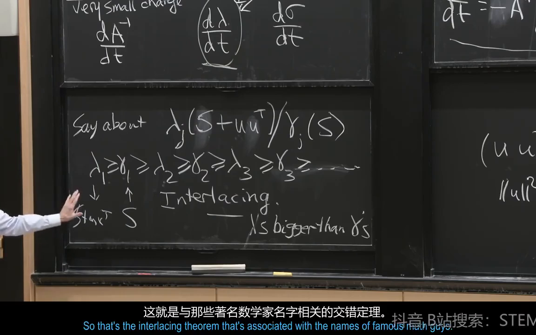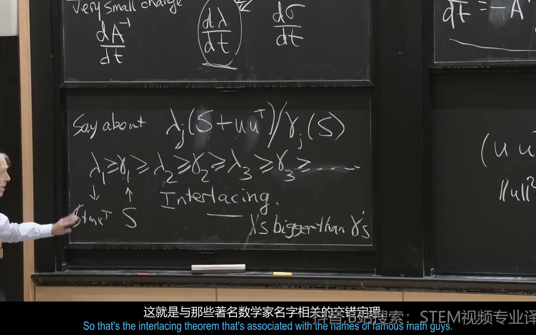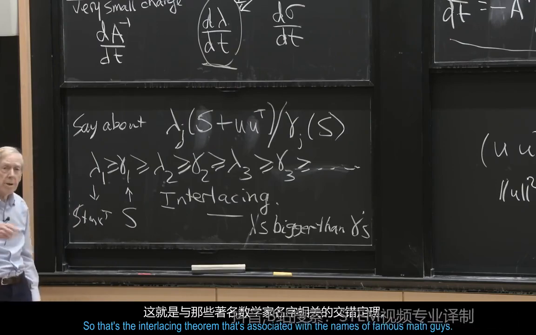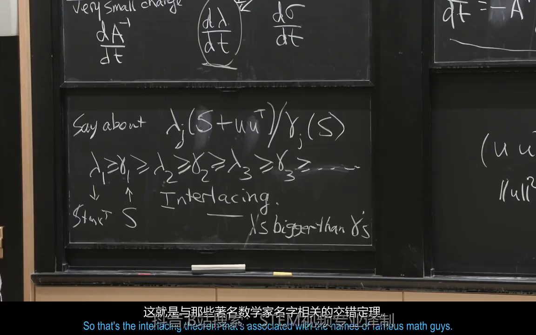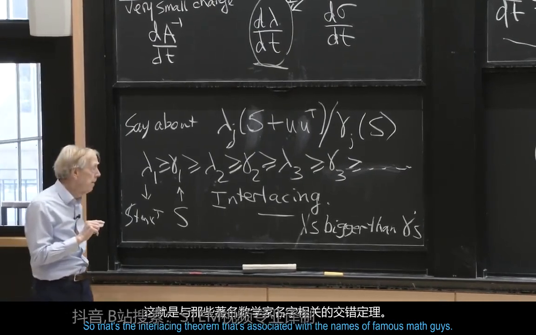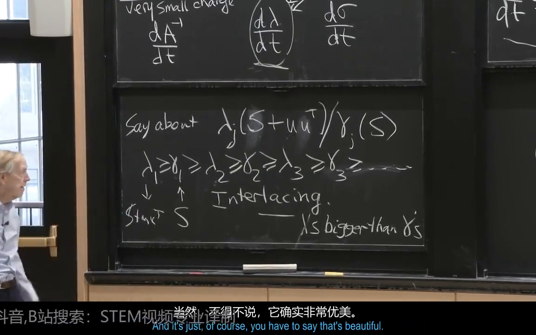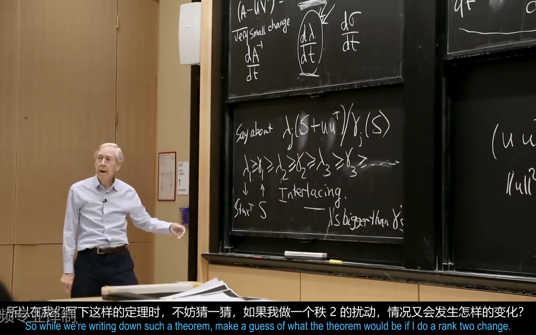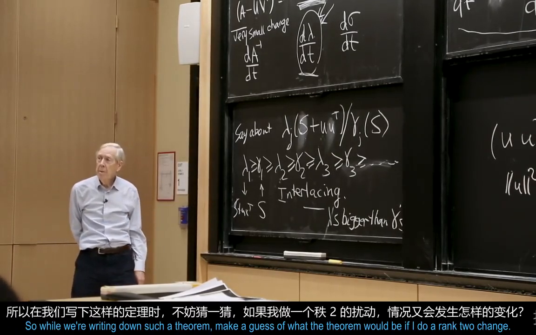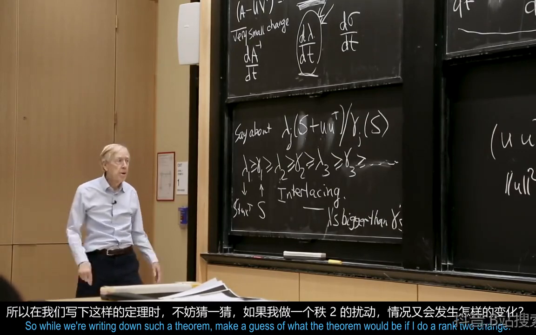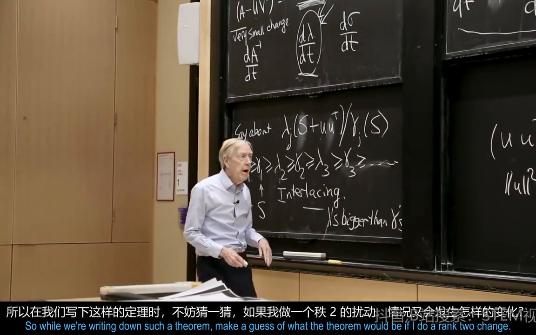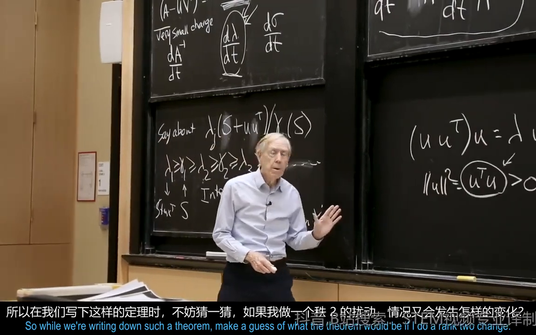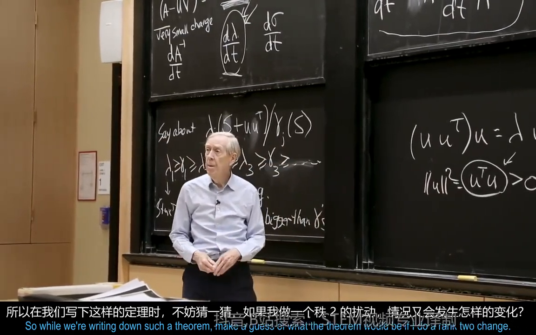So that's the interlacing theorem that's associated with the names of famous math guys. And of course, you have to say that's beautiful. While we're writing down such a theorem, make a guess of what the theorem would be if I do a rank 2 change.